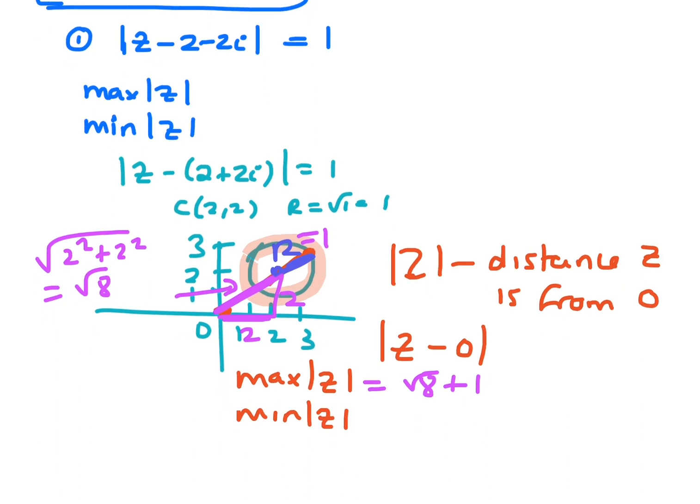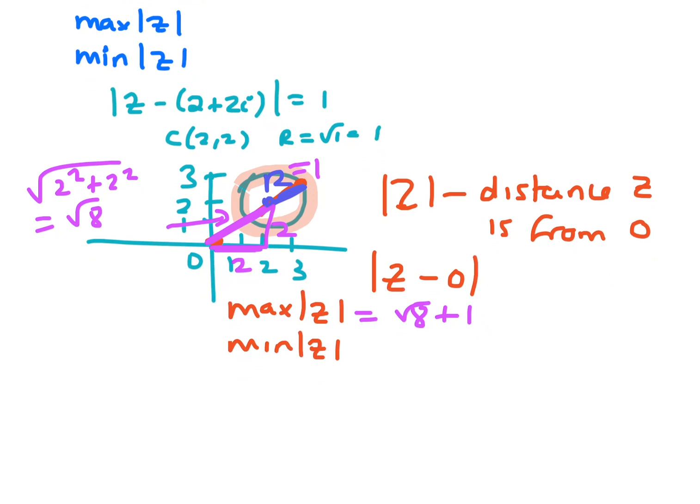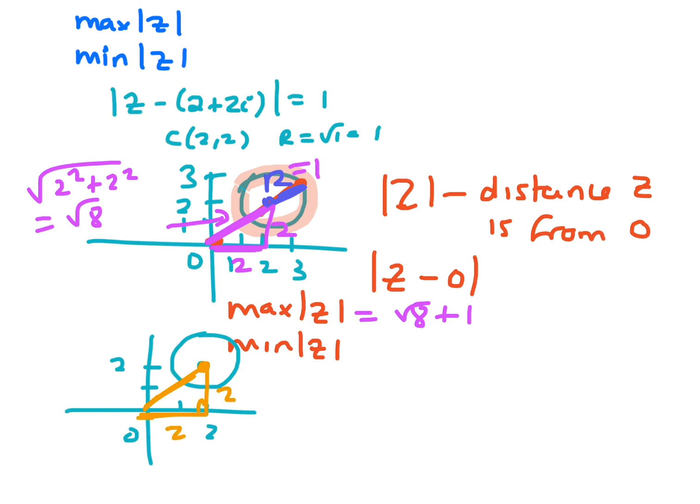when you're doing the minimum, I'm just going to redraw the thing again. Go 1, 2, 3, 4. So when you're doing the minimum of mod z, you would go from here and there, see that's your 2 and the 2, that would be root 8. The actual minimum that we're after is this distance here, from there to there.